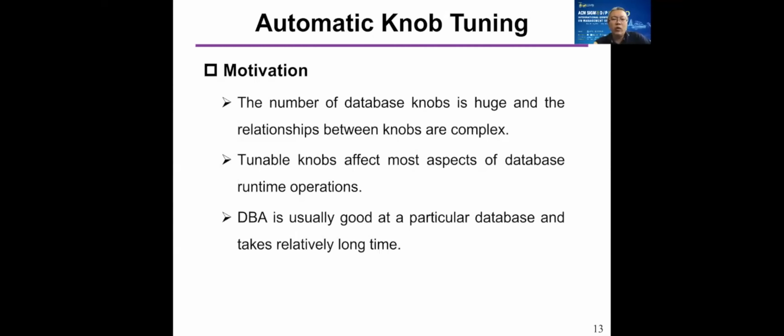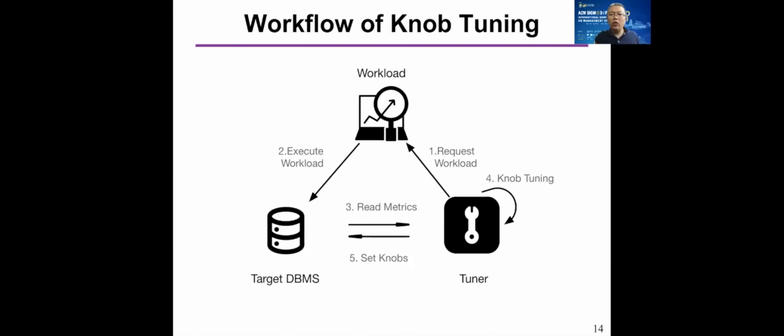Next, I will introduce the workflow of knob tuning. For example, a user finds that the database is slow, so can we tune the knobs to make the database faster? First, the automatic knob tuning system will collect workloads from recent hours or weeks and run the workloads on the database system.